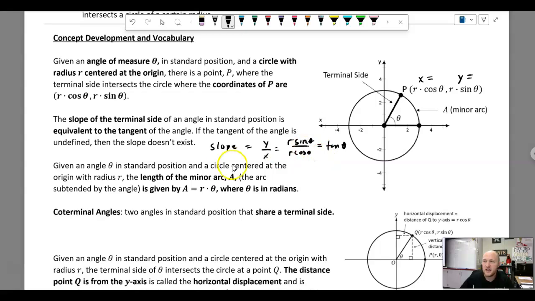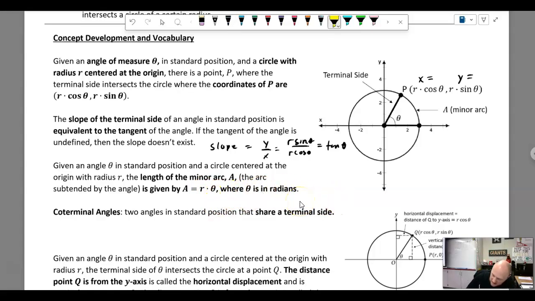Now, there is a new equation that's going to work its way in here, and this is just one of those things that you should just remember. Given an angle theta in standard position and a circle centered at the origin with radius r, the length of this minor arc A, the arc subtended by the angle or created by the angle, is given as A equals r theta, where theta is in radians.